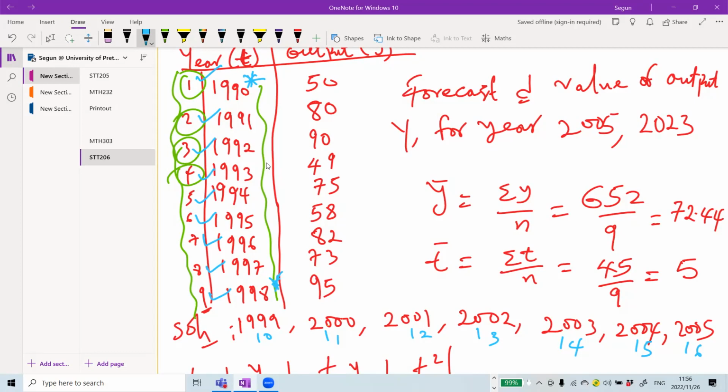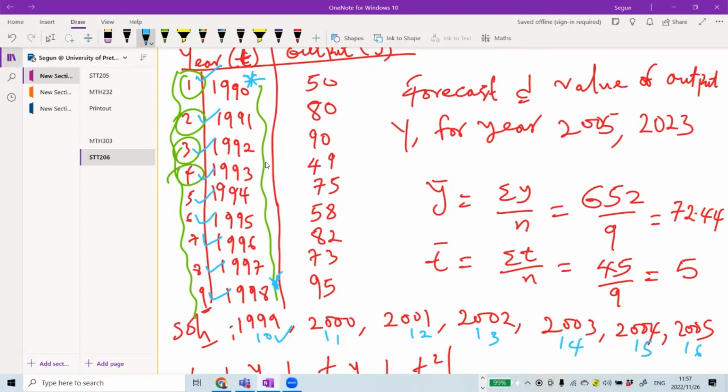So they now ask you to predict what will happen in the future for that particular company. So it simply means this is 9, right? 1999 will be what? 10.